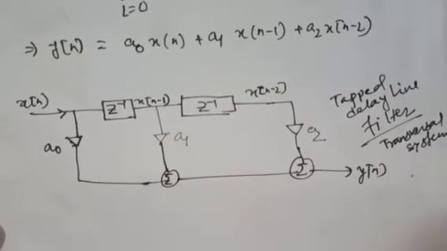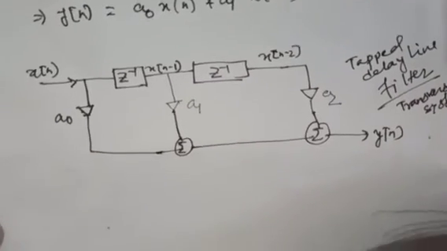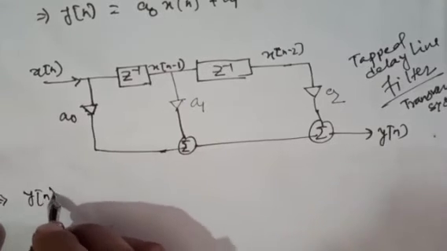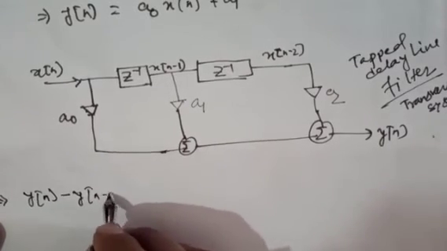Then you subtract y of n minus 1 from y of n. So what will it be? It will be y of n minus y of n minus 1.